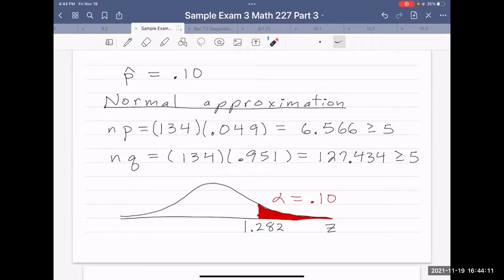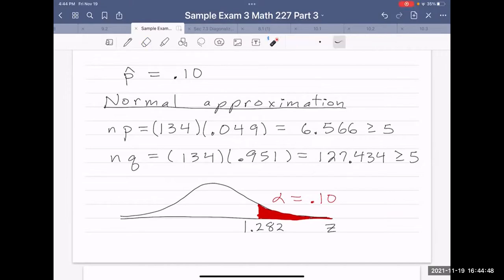N times q. By the way, currently sociologists and others are using 10 rather than 5. So if you're using the value of 10, this actually wouldn't be acceptable. N times q, 134 times, well, if I have a 0.049 chance of success, I have a 0.951 probability of failure.